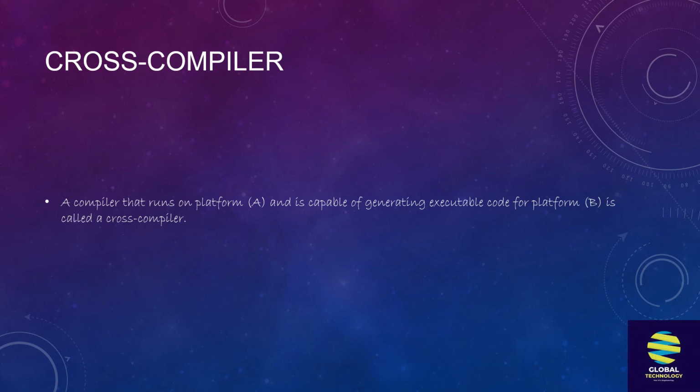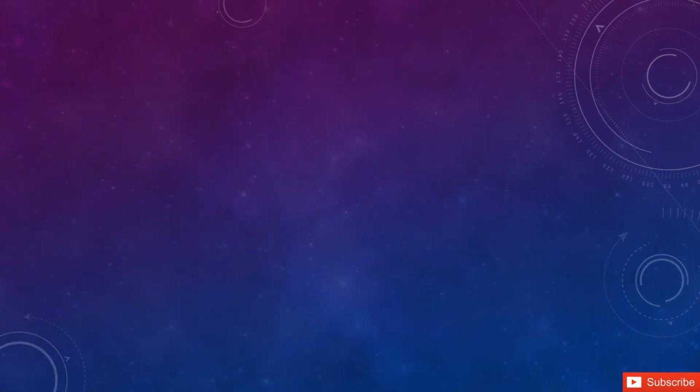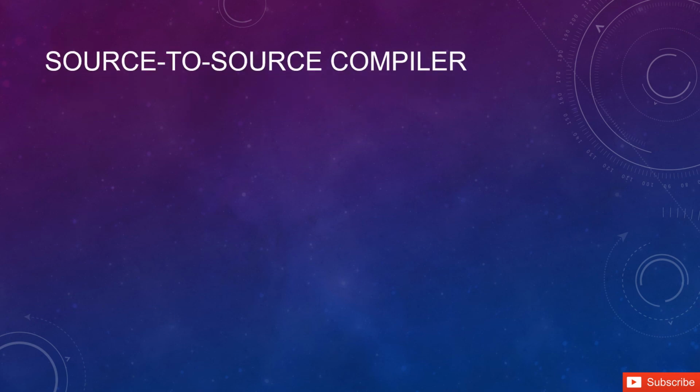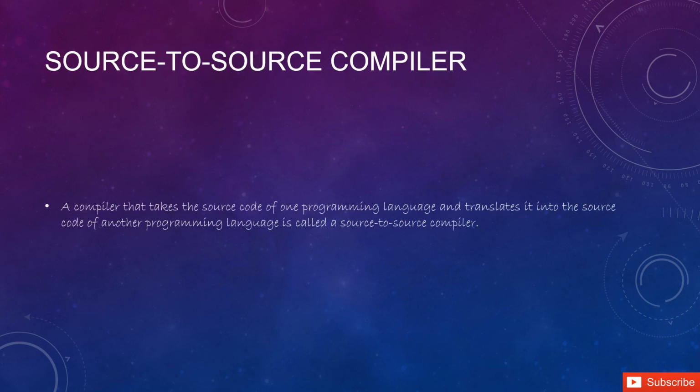Now the next one is the source to source compiler. A compiler that takes the source code of one programming language and translates it into the source code of another programming language is called a source to source compiler.